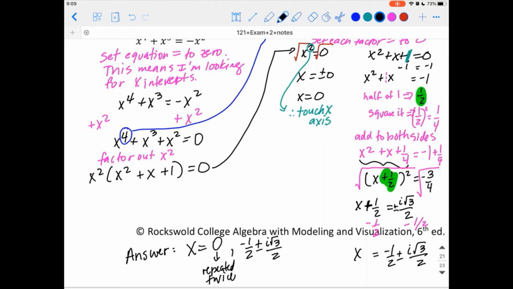Actually, I'm going to separate them so you can see that there are 4: I have the plus, and I have negative 1/2 minus i square root of 3 over 2. So I have a total of 4 answers.